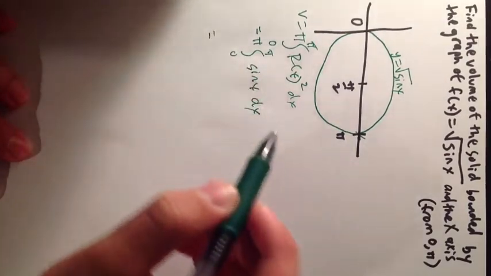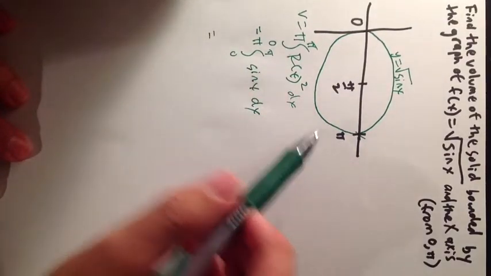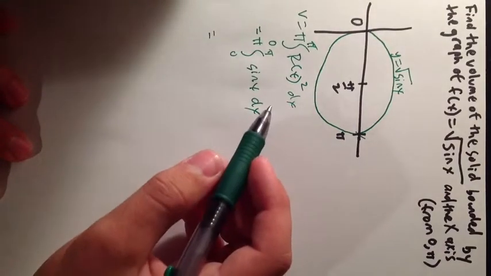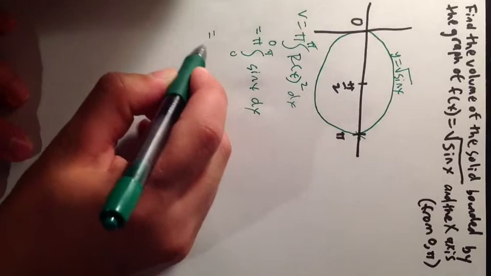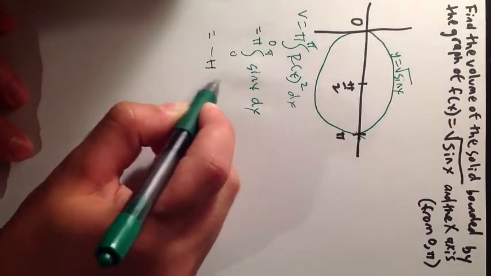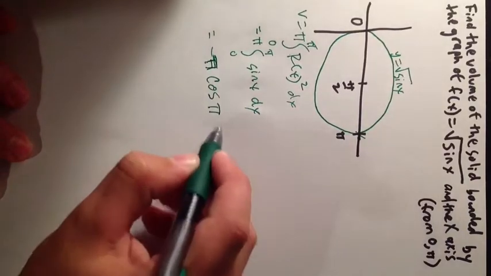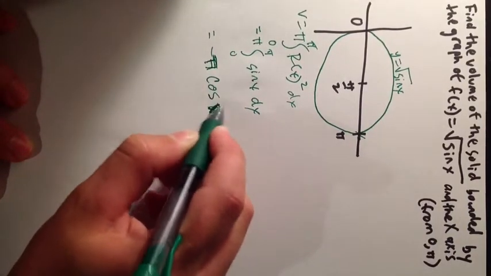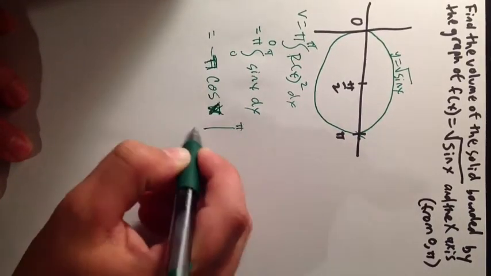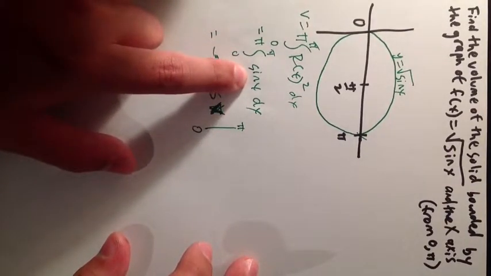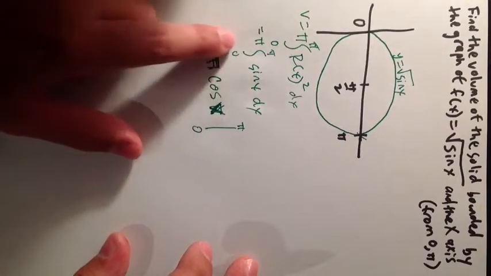Alright? So the next step of the problem is to actually integrate it, right? And everybody can do this, but I'll do it just for the sake of it. Alright? So it simplifies to this. As you can see, the integral of sine of x is negative cosine of x.